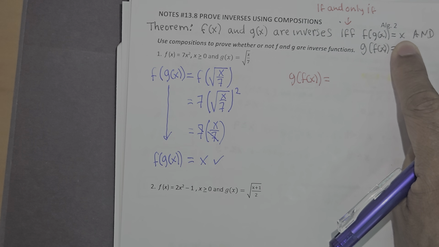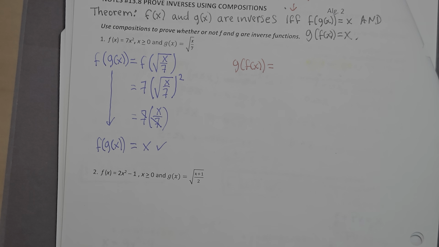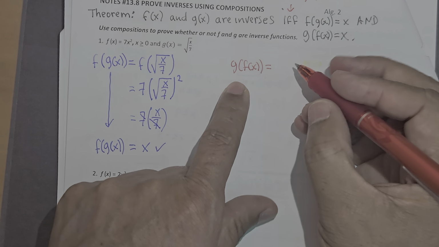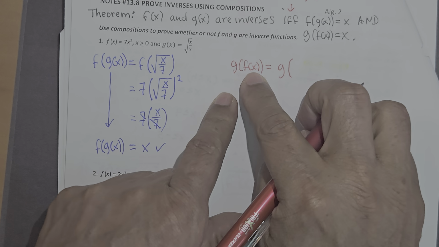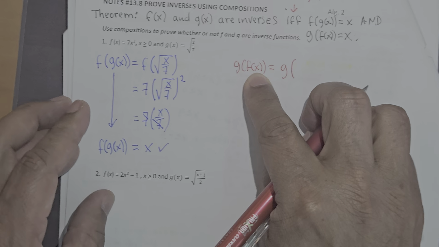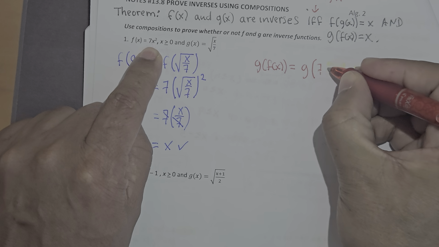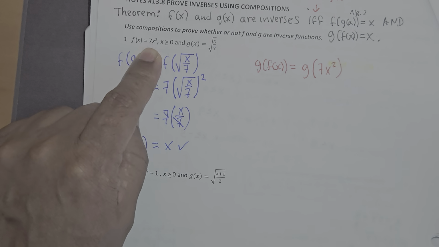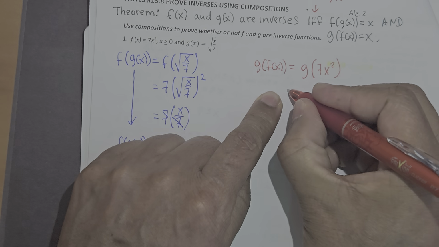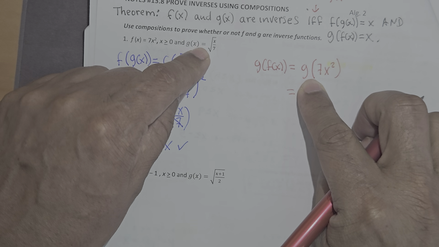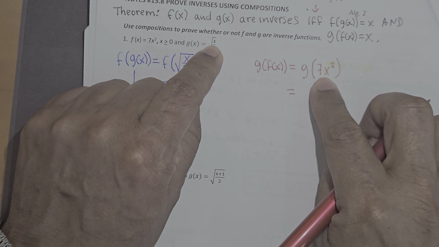Again, this is called a biconditional because they both have to be true. Let's go on to the next one. Now notice that g is outside, so I'm going to keep the function g outside. Inside of the parentheses, I'm going to replace this with what f of x is equal to, and f of x is equal to 7x squared. Now pay attention to what the function g is going to do to this. g is going to take the square root and then divide by 7, which means instead of that x, I'm going to copy 7x squared.